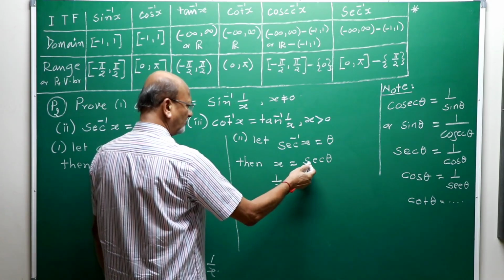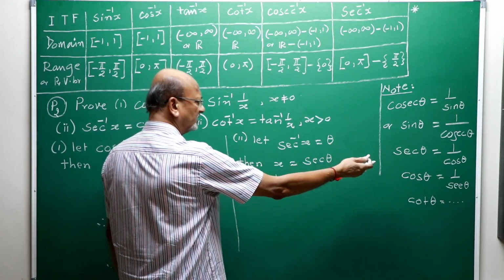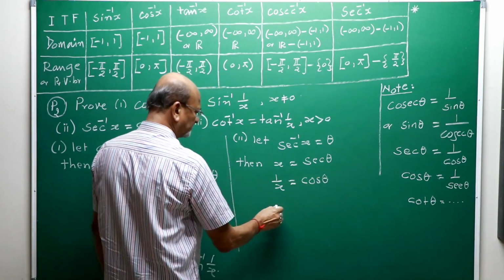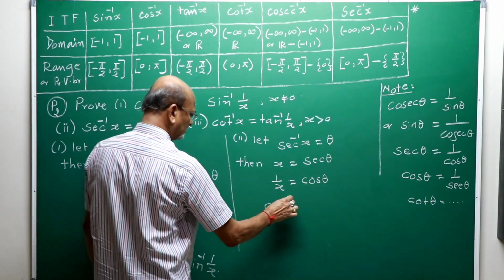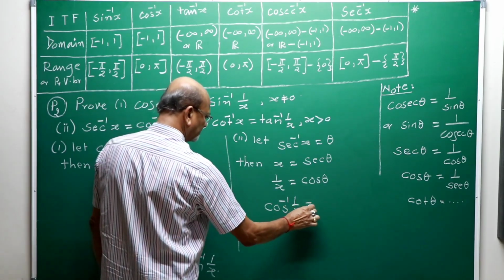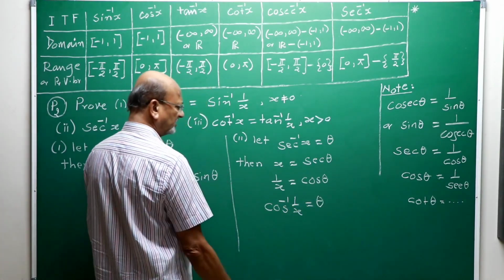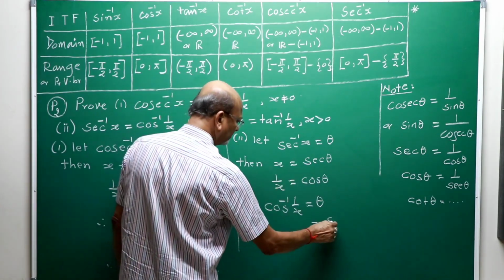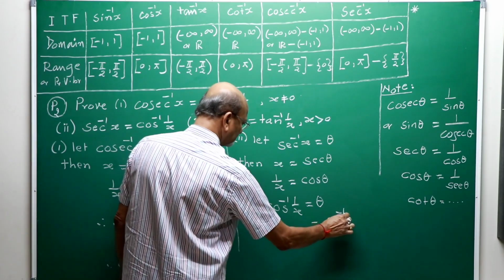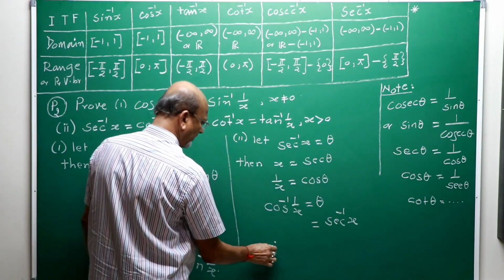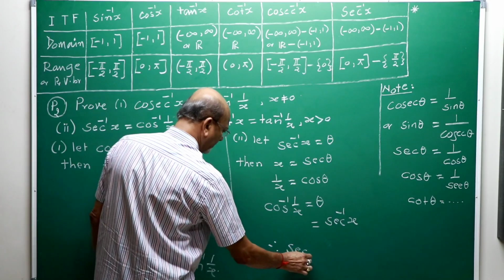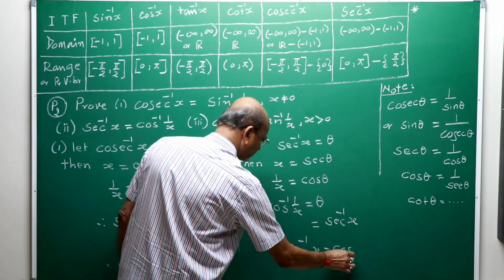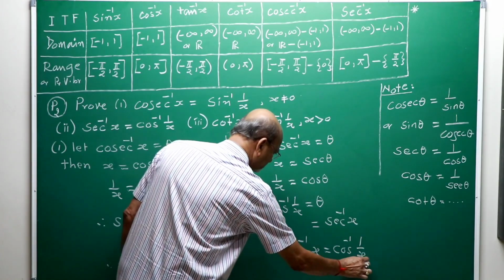What is the reciprocal of sec? 1 by sec theta is cos theta. Bring this side: cos inverse 1 by x is theta. Is it correct? What is theta? This theta is nothing but sec inverse x. Therefore, friends, sec inverse x is cos inverse 1 by x.